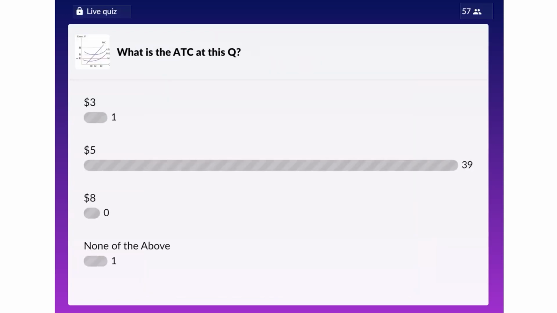Okay, so the majority of you say it's $5, and it is indeed $5.